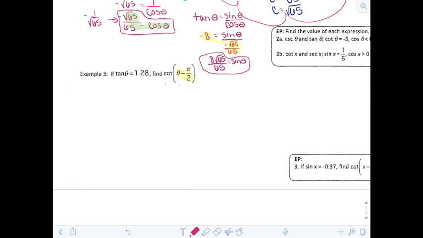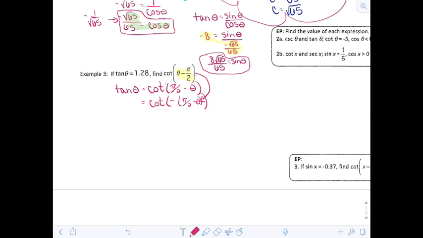If what I want to use is the tangent of theta equals the cotangent of pi over 2 minus theta, well, I'm going to have to reverse that. So that's going to have to be the cotangent of a negative, if I reverse this, negative pi over 2 minus theta.